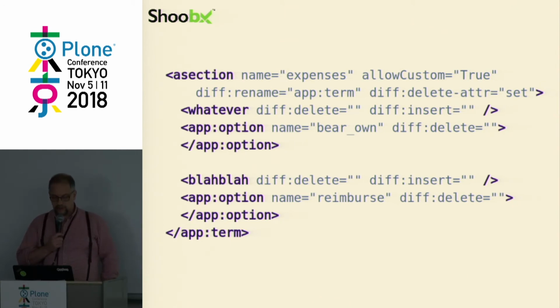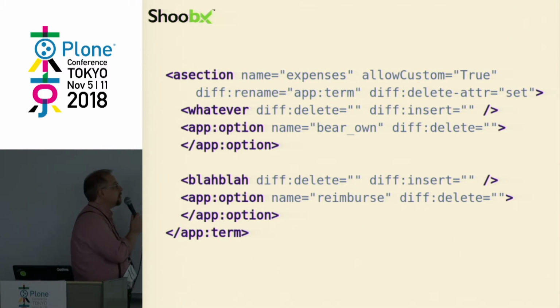And the end result is XML that looks somewhat like this. This is a lot of information here, but here we say that the app term has been renamed. So this section should just say section there. So this section tag used to be an app term, and one of the attributes has been deleted, and this whatever tag has been moved from inside the option to outside.